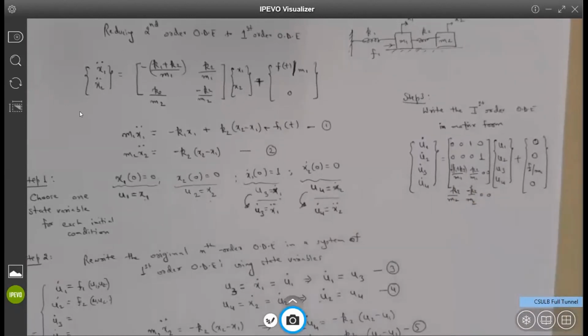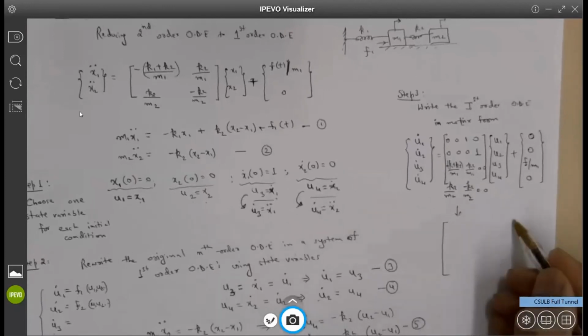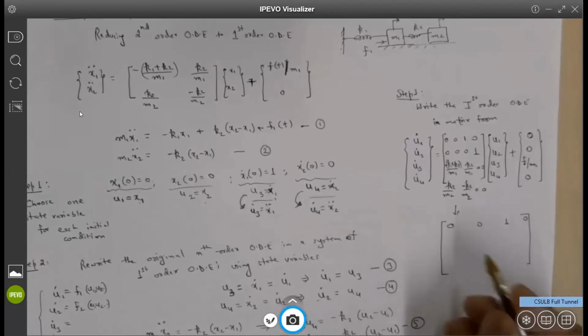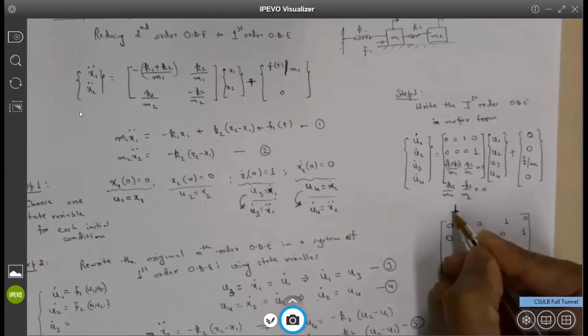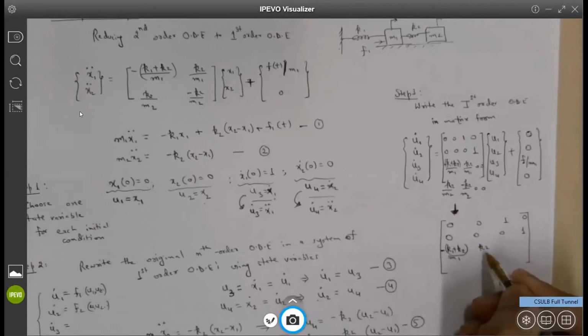Let me know if you are understanding. So let me rewrite this matrix. The matrix basically looks like this: 0, 0, 1, 0; 0, 0, 0, 1; negative K1 plus K2 divided by M1, K2 divided by M1, 0, 0; then K2 divided by M2, negative K2 divided by M2, 0, 0.